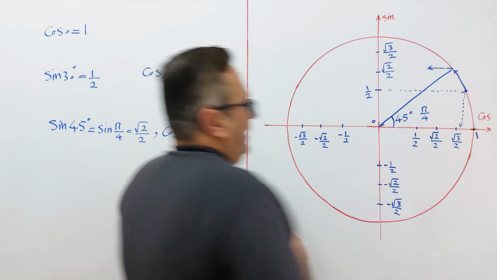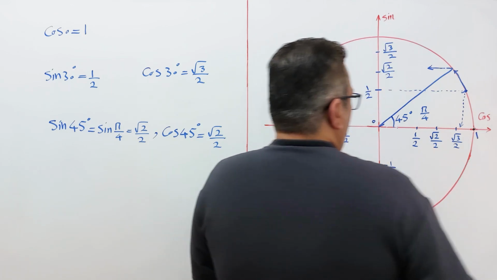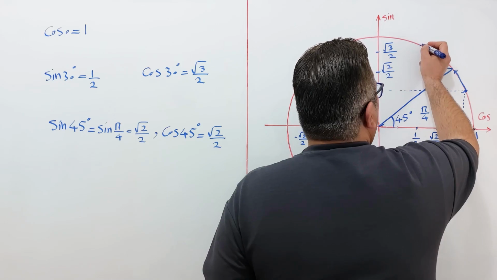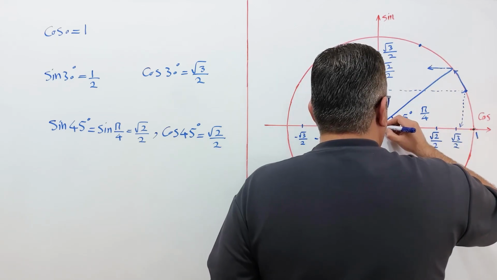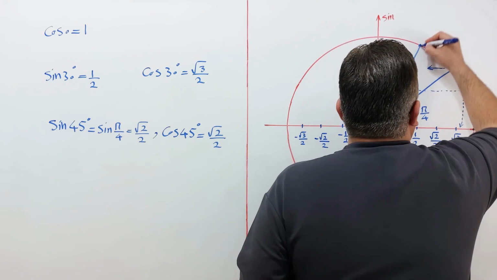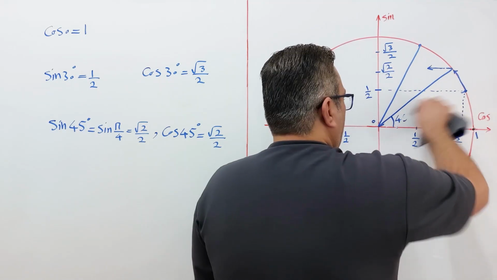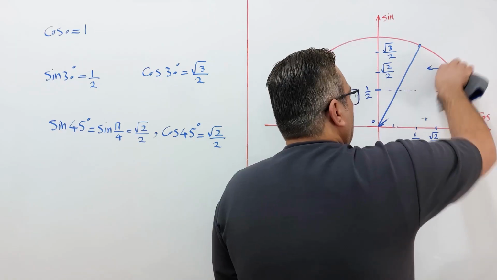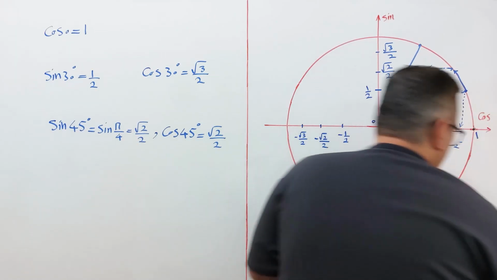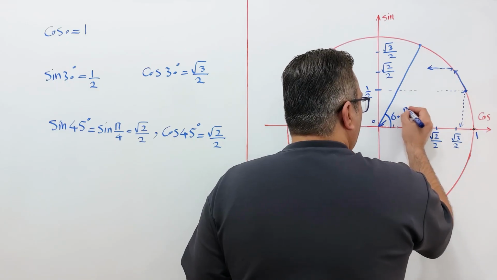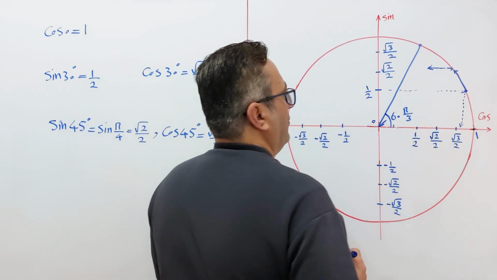If we continue moving, we reach here, and the angle theta is equal to 60 degrees or pi over 3.